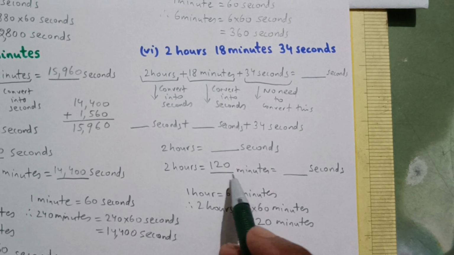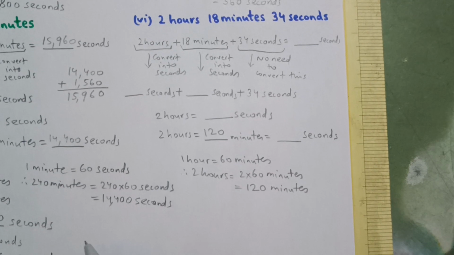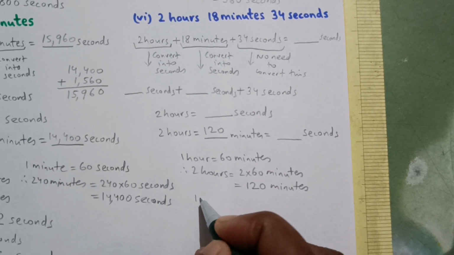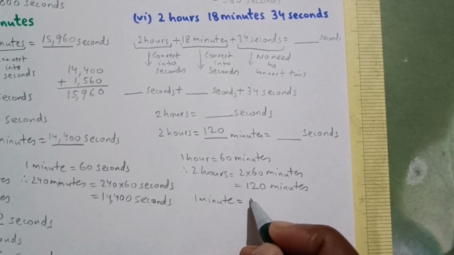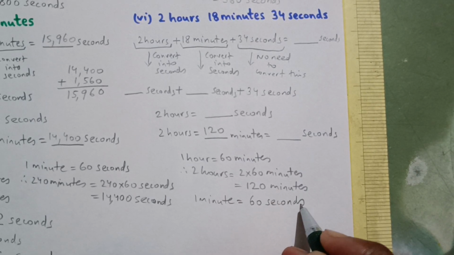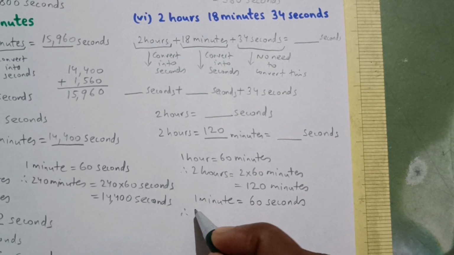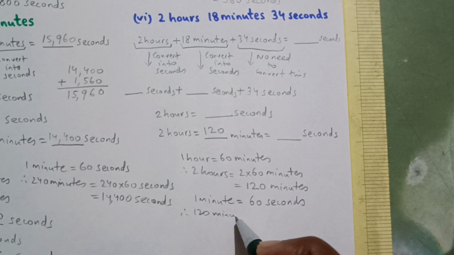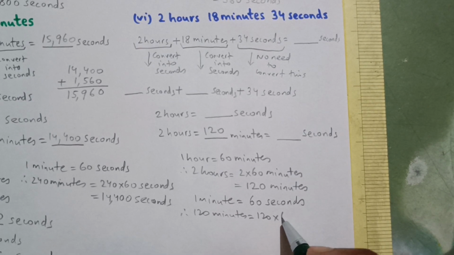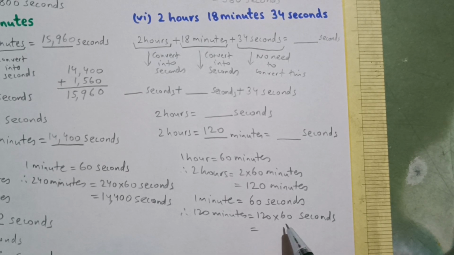And now these 120 minutes we have to convert into seconds. We know that 1 minute is 60 seconds. So therefore 120 minutes will be 120 into 60 seconds. Now what is 120 into 60? We will do 12 into 6 and then add these 2 zeros at the end of that answer. 12 into 6 is 72, and now add these 2 zeros at the end.